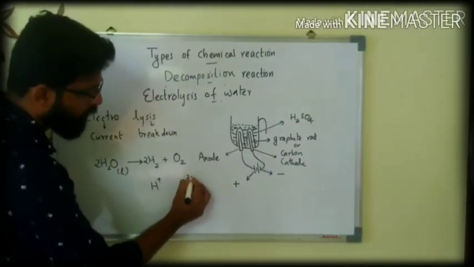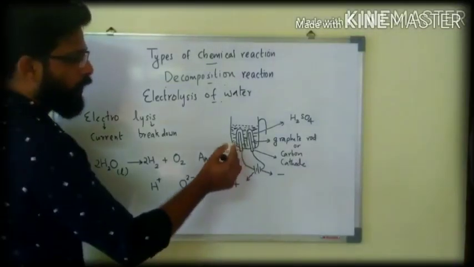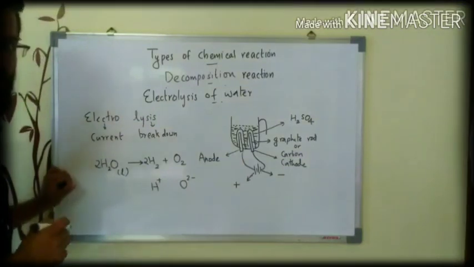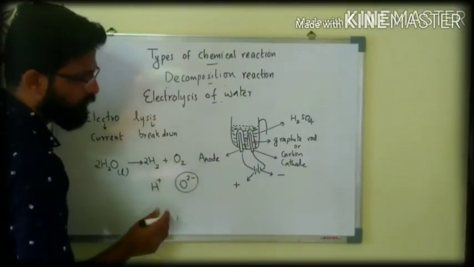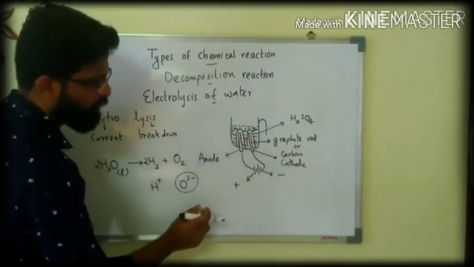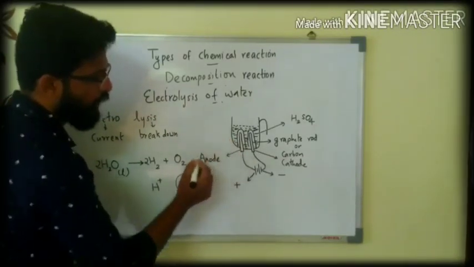Oxygen is a negatively charged particle. So when you start passing electricity through the graphite rods, the negatively charged oxygen inside the water will move towards the anode.